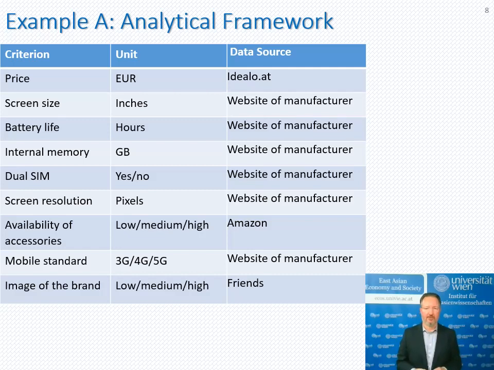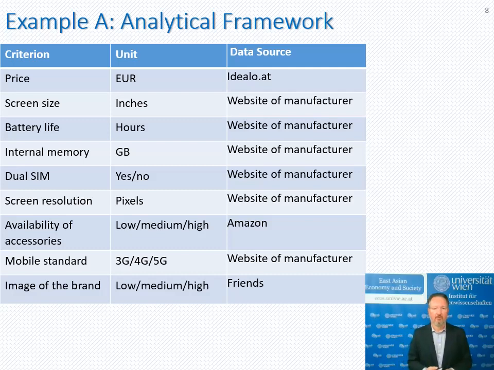It is measured in inches, and you think you will find this information on the website of the respective manufacturer, and so on. You have, for example, the dual SIM card. This can be measured by is there or is not there, like yes or no, right? And also the source would be the website of the manufacturer.